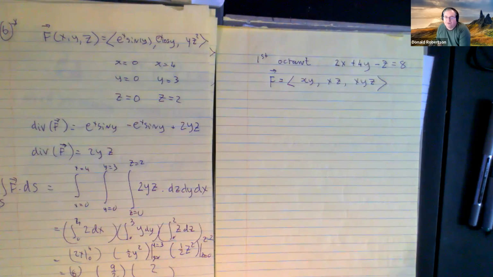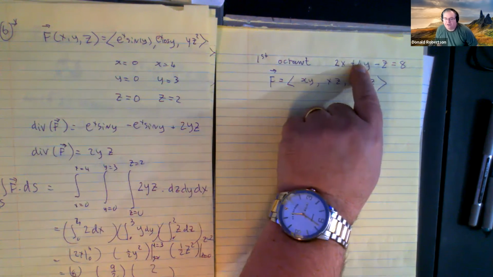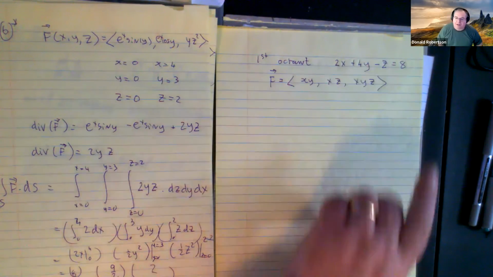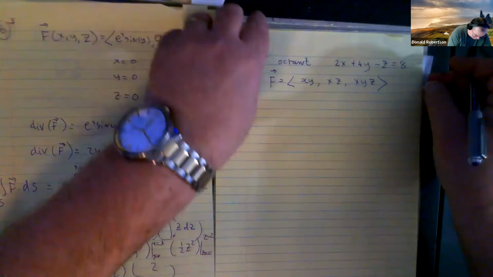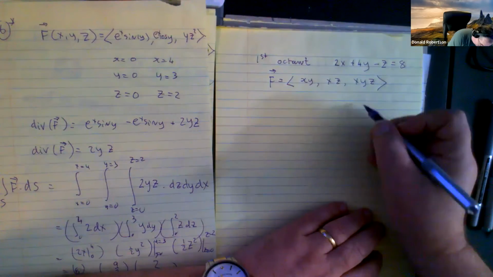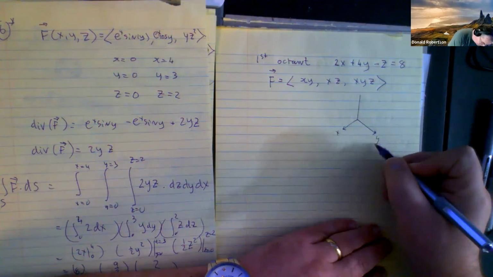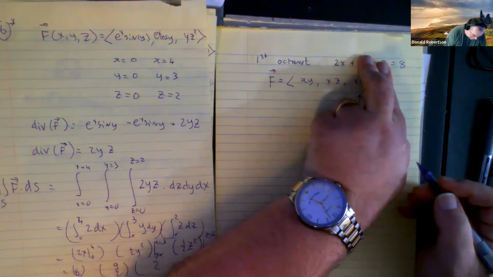So we're being asked to find the flux of this solid shape. The surface is built from this solid shape in the first octant meeting up with that plane. So if you imagine what it might look like, it crosses the x-axis at 4.